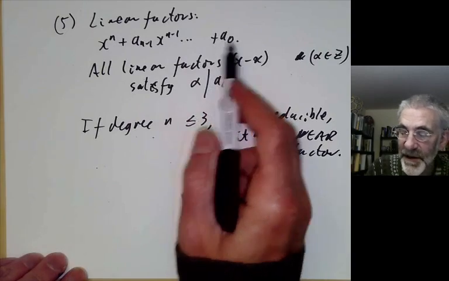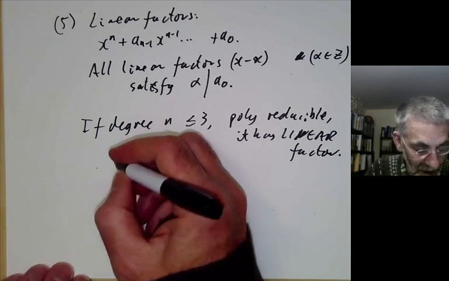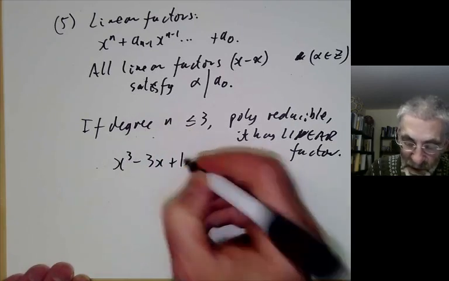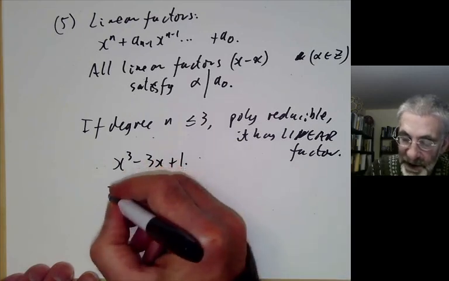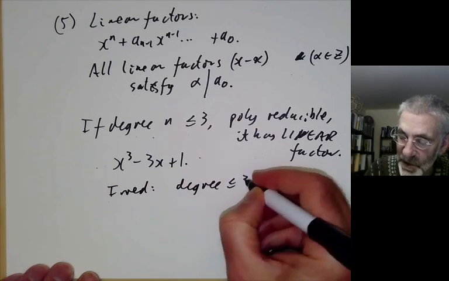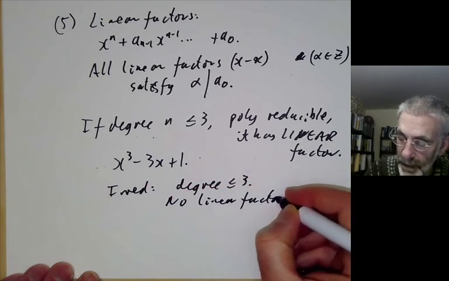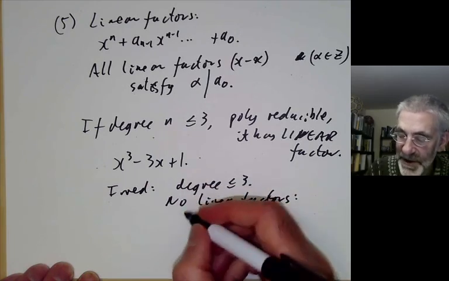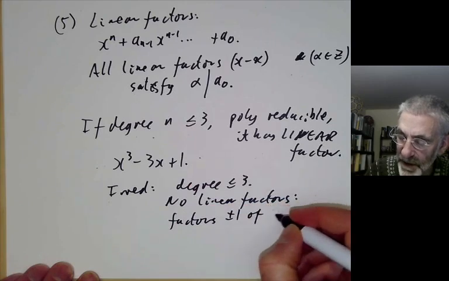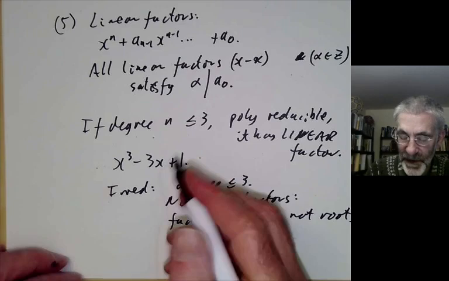We just have to check the factors of a0 to see if they're linear factors. For example, suppose we've got a polynomial x cubed minus 3x plus 1. This is irreducible because the degree is less than or equal to 3 and it has no linear factors. To do that, we just have to check the factors plus or minus 1 of the constant term 1 and not roots, which is kind of obvious.